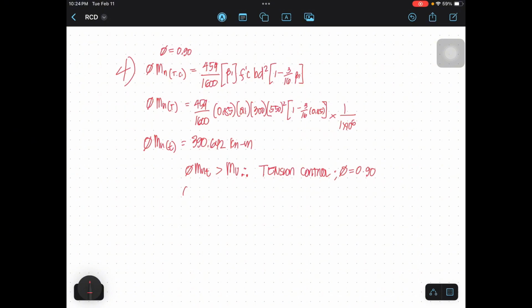Next, if our tension controlled moment is less than Mu, kumbaga kulang pa versus sa ating Mu or the required moment or the ultimate moment that the beam could carry, under pa tayo sa transition region.